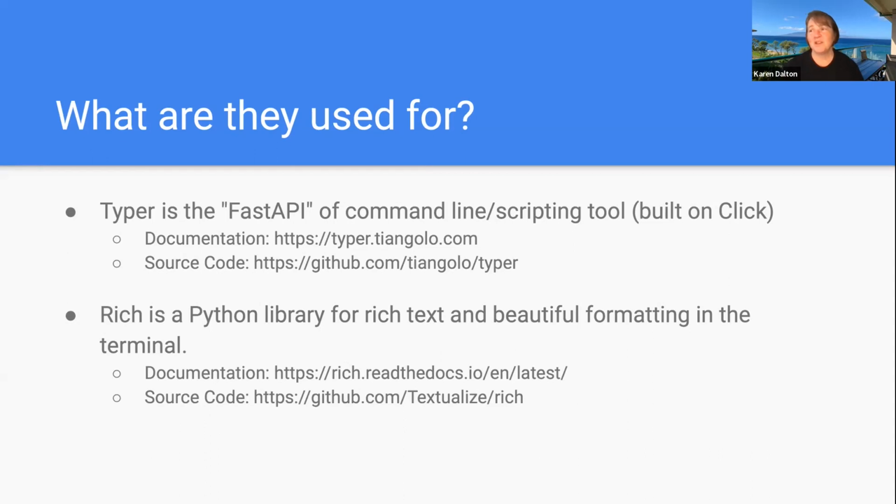And Rich is a Python library for rich text and beautiful formatting in the terminal. And you can pipx install Rich. So that might be another lightning talk we could give about pipx. I don't think we've talked about that. Have we, Jeff, Glenn? I've mentioned it a couple of times, but not directly on pipx.